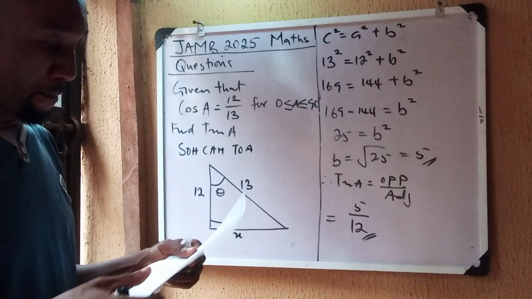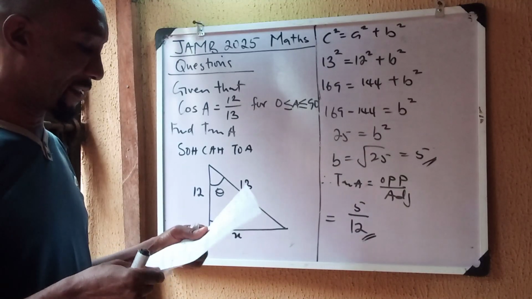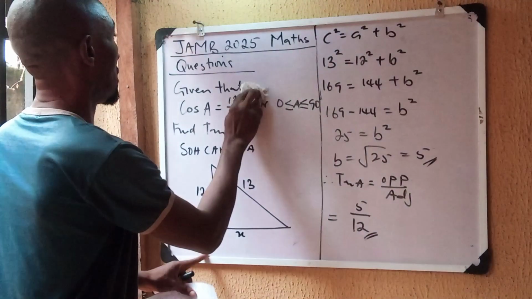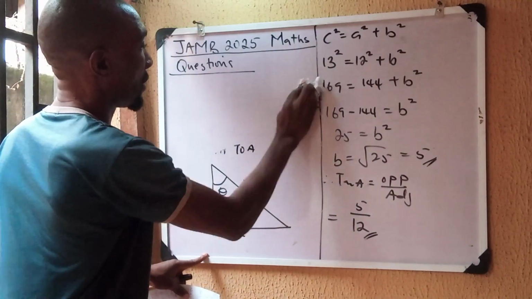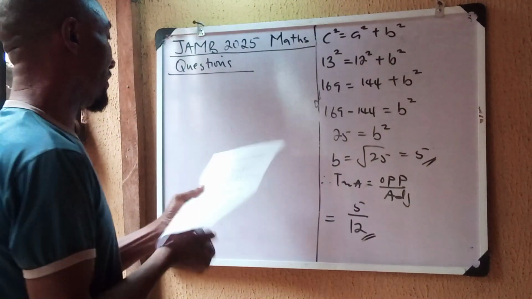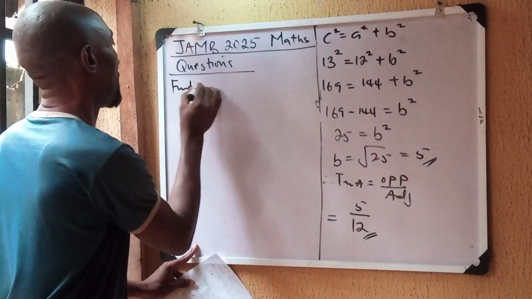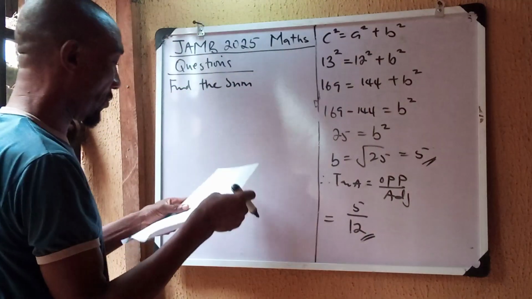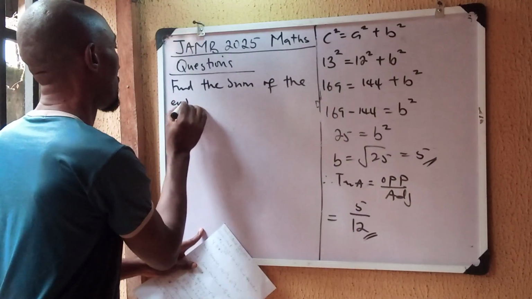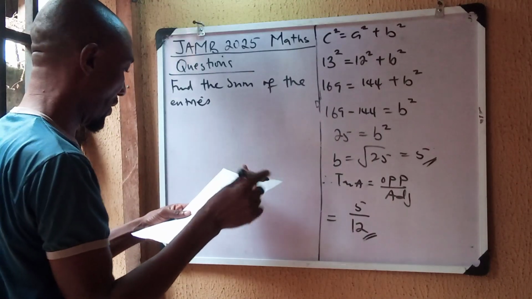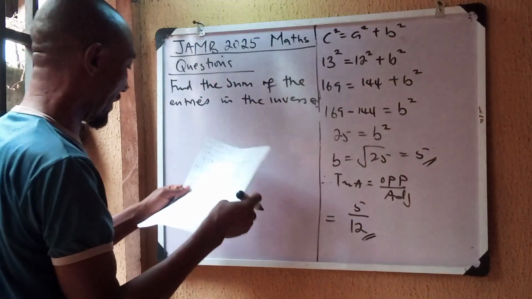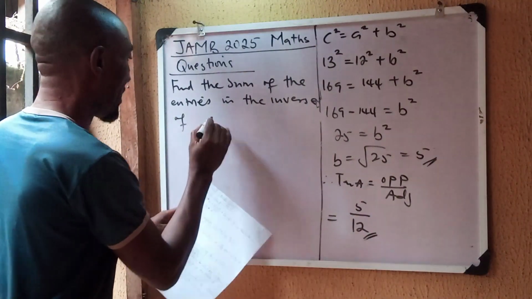The last one says find the sum of the entries in the inverse of this matrix.